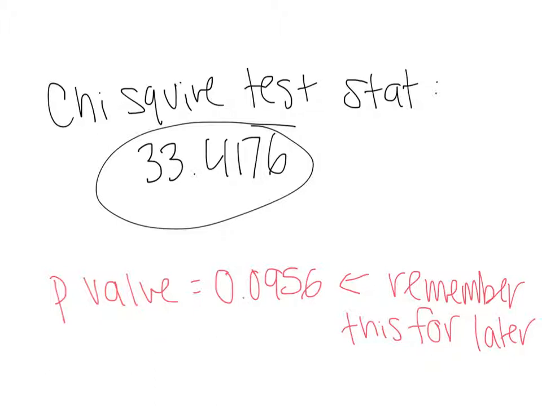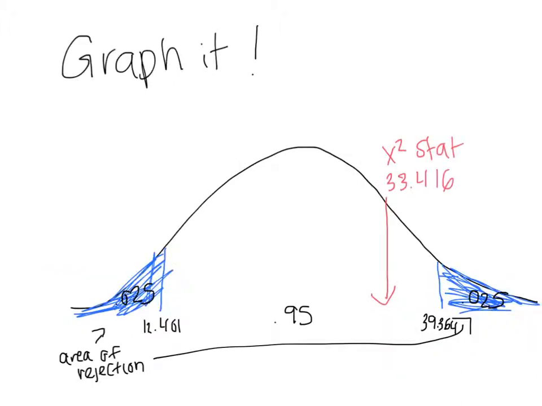This brings us to the value for the chi-squared test statistic, which is 33.4176. And the p-value for this, which also comes up on the calculator, is 0.0956. So we'll remember this for later.